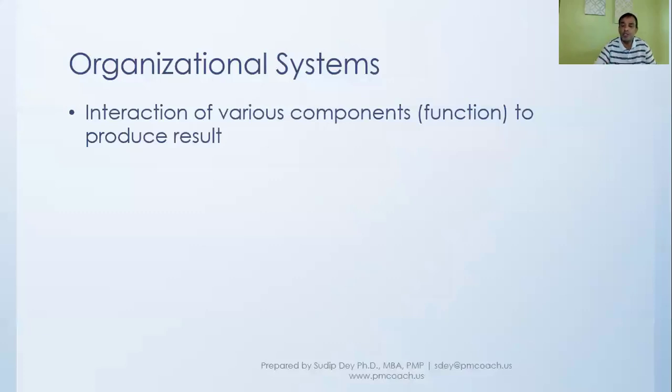This is what the organizational system is made up of, and it typically evolves over time. If you have worked in different organizations, you will see how different each organization is from another. Every organization is in a way unique, because many different factors were taken into consideration when it developed into that organizational system.